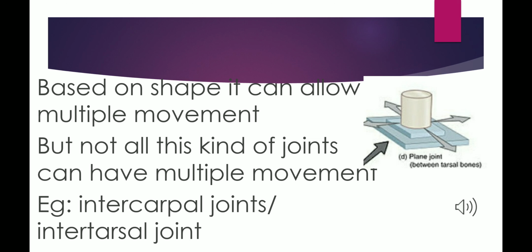That is, based on shape, it can have multiple movements, but not all movements are possible for all these types of joints. It can have either a single movement or several movements. Examples for a plane joint are the intercarpal joints, intertarsal joints, and the acromioclavicular joint.